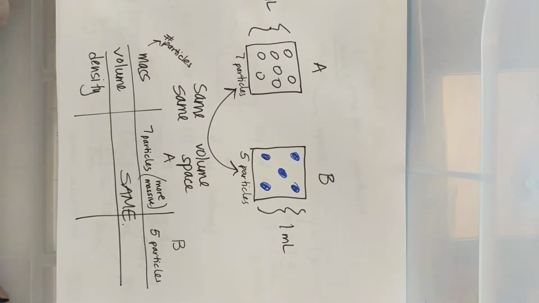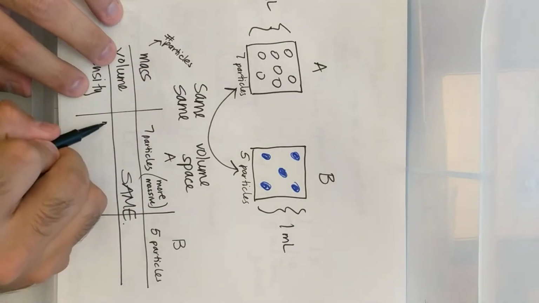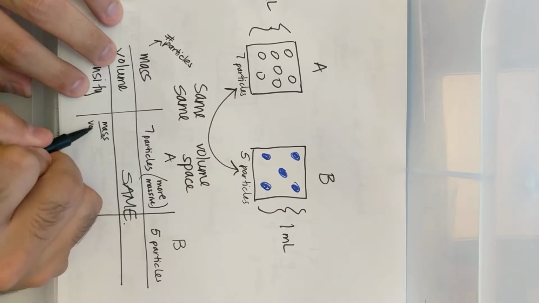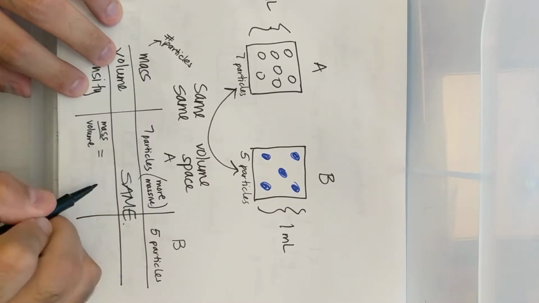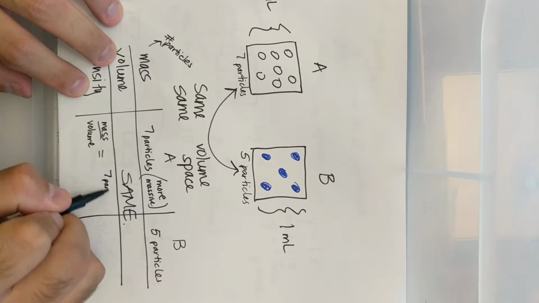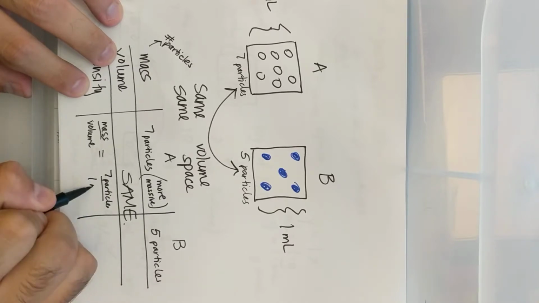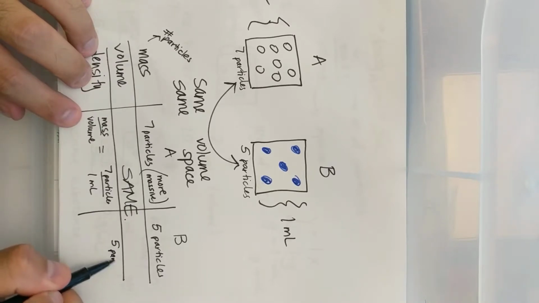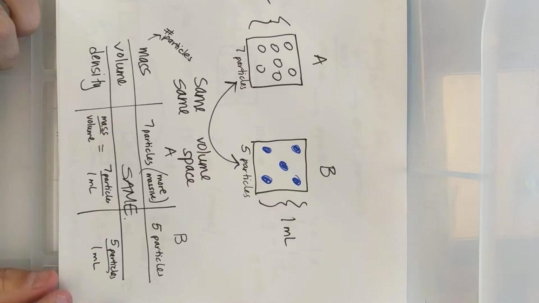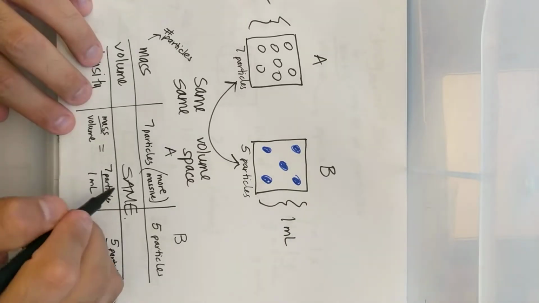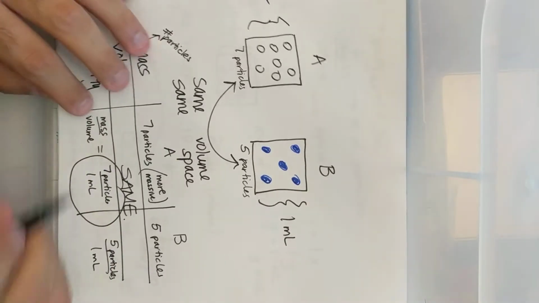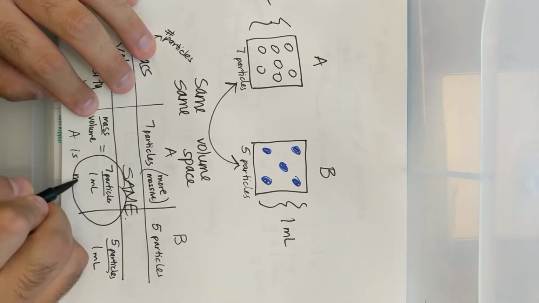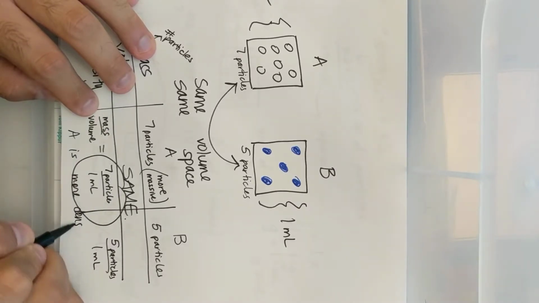What would be the density of A? So density is mass per volume. Well, if I want to use my particle business, I have 7 particles per 1 milliliter. For B, I have 5 particles per 1 milliliter. Which of these has a larger density? Well, I'm going to go with A. A is more dense.